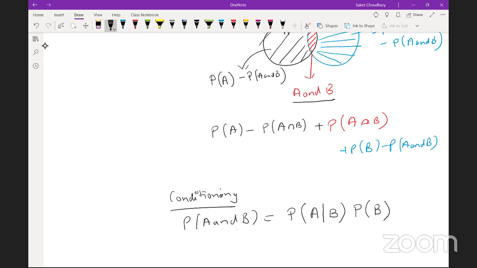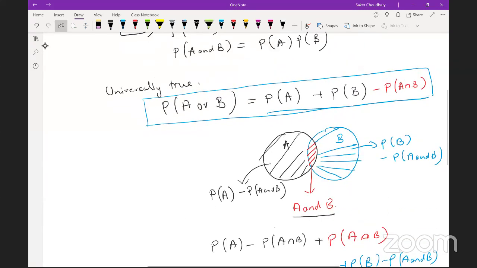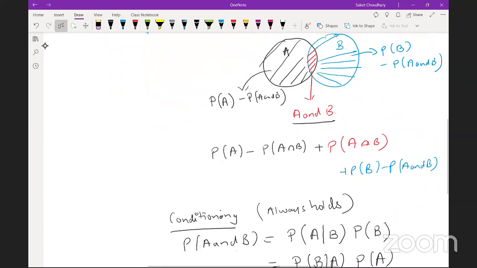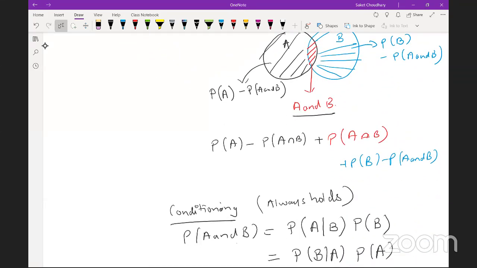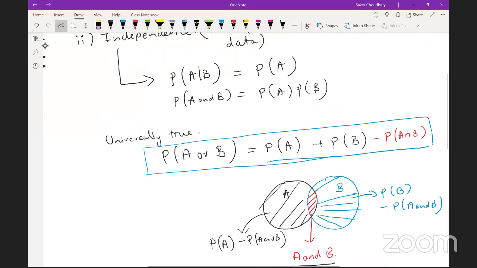There's nothing special about A and B, so we can also write this in this format. Again, it always holds. With these two formulas, P(A or B) is equal to PA plus PB minus P(A and B), and this conditioning formula, you should in principle be able to solve any particular problem that deals with probability.